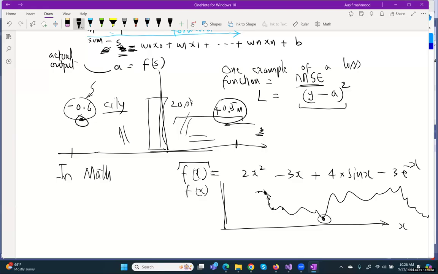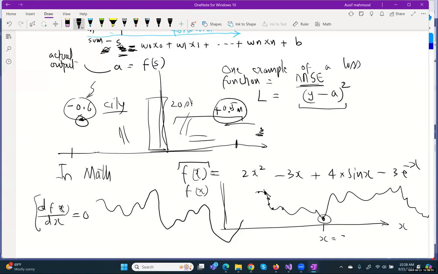If the function is very complicated, let's say sometimes it goes up, then it goes down, then it goes up, then goes down, right? Then if we simply take, for example, d of f of x over d of x and set it equal to 0, which is the standard technique in math to find out what is the value of x at which the function has the minimum value, okay?